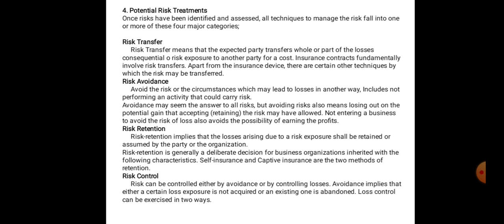In risk retention, high risk will be triggered. But in risk control, up to one level or one boundary, they are ready to take the risk. After taking one level of risk, they will stop investing in the particular contract, because they do not have the capability to move further. So they will be kept idle. That is what risk control is.